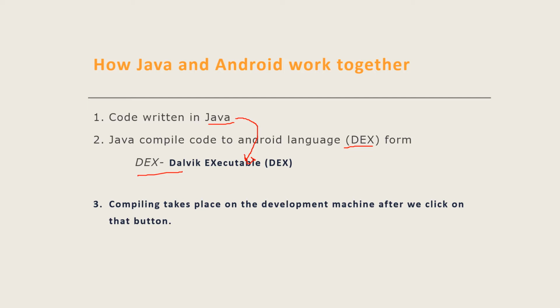So the compiling takes place on the development machine after we click the compile button. You will learn that soon, and you are all familiar with Java code since you had your programming in Java. From that Java code, we compile it, and then it transforms into a language that Android understands.